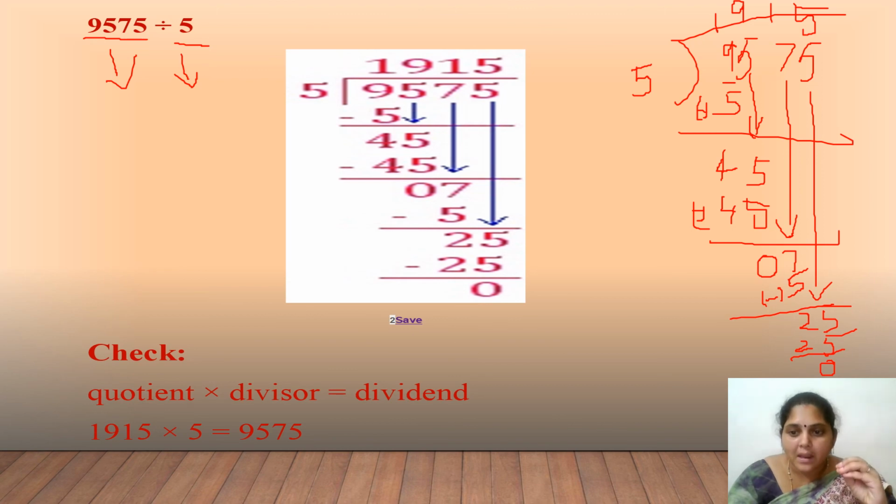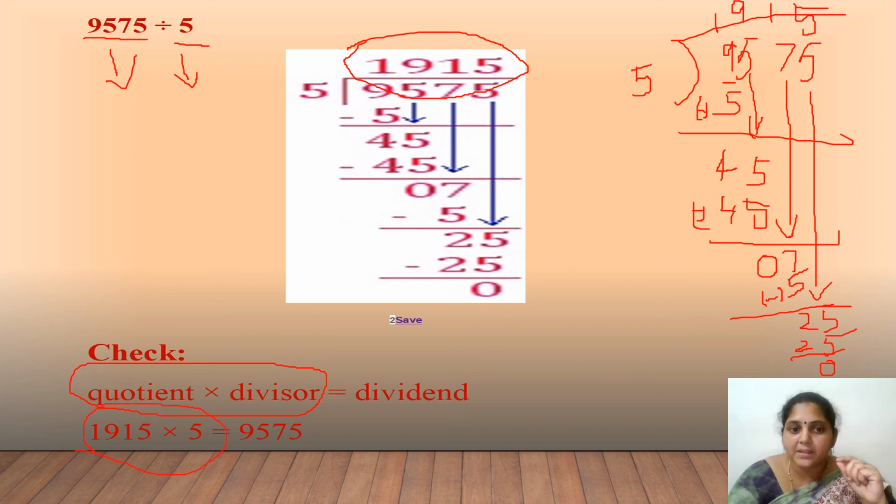So now we have to check how the division is done here, whether it is right or wrong. How you are going to check? You are going to check by multiplying the quotient and divisor. What is your quotient here? Your quotient is 1915 and that should be multiplied by 5.